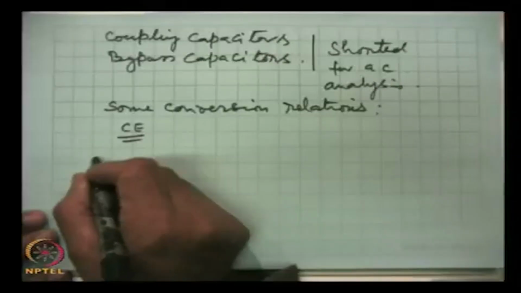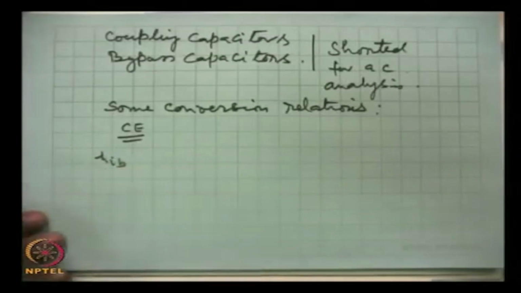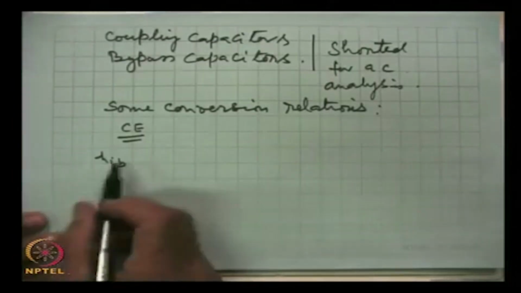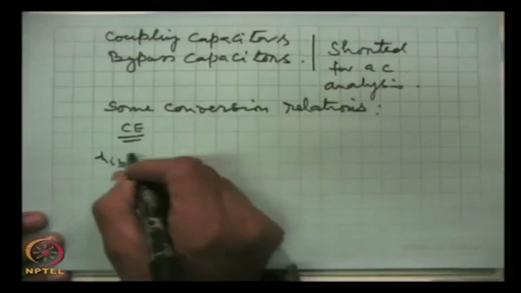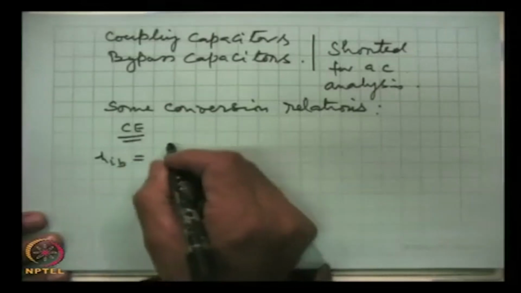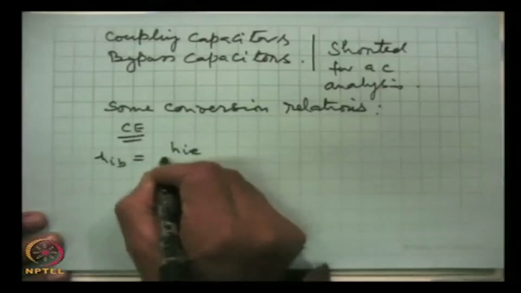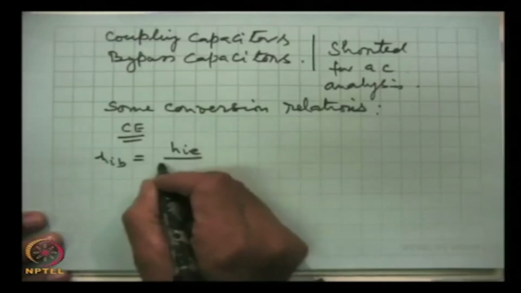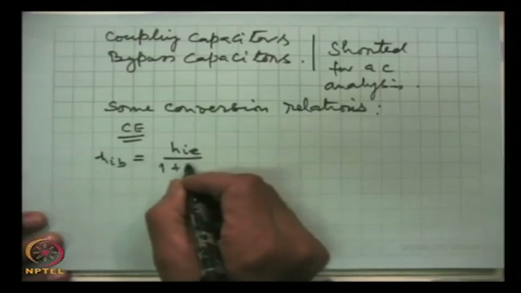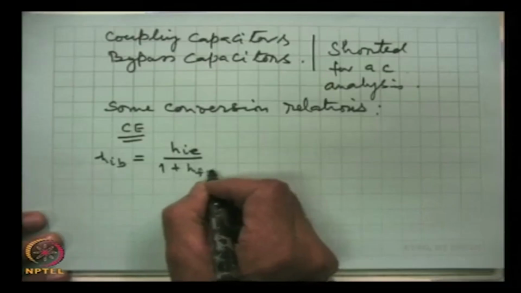Like HIB, that means input impedance in common base, is related to HIE by 1 plus HFE.